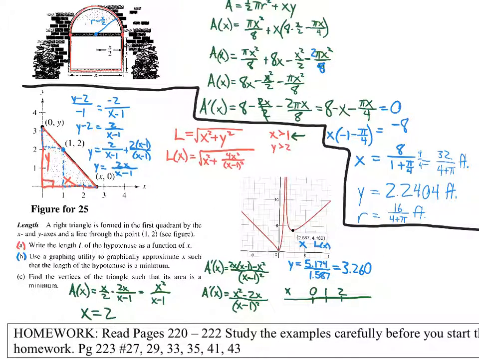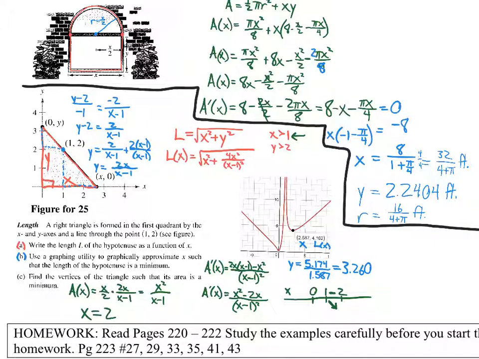Let me just double check by plugging in 1.5 for x. If I plug in 1.5 into the derivative, I'm going to get 2.25 minus 3, so that's negative, over something squared, which is always positive. So I know this is negative, so that's going to be decreasing. So that's a good sign.